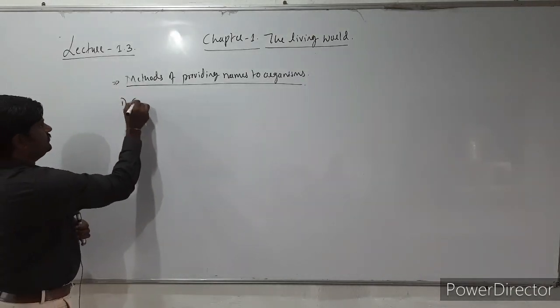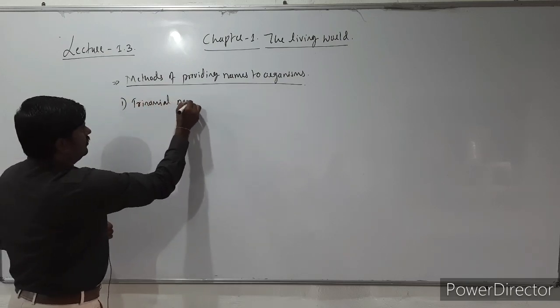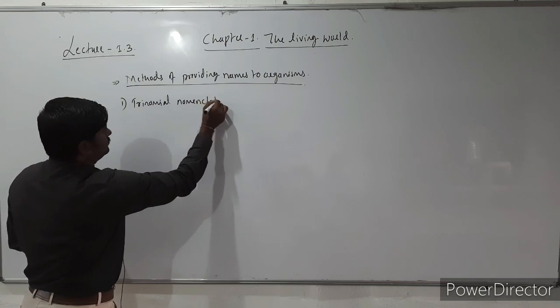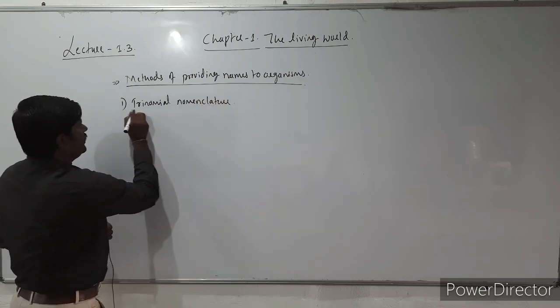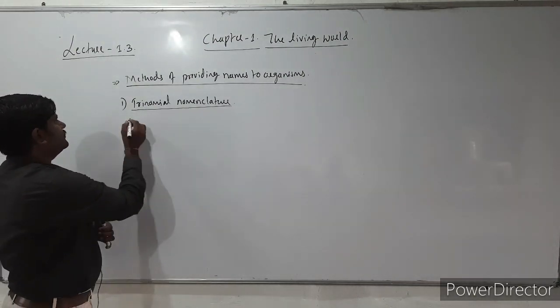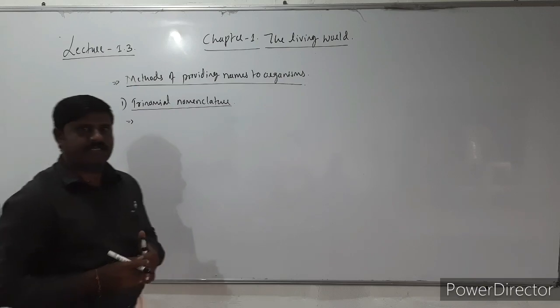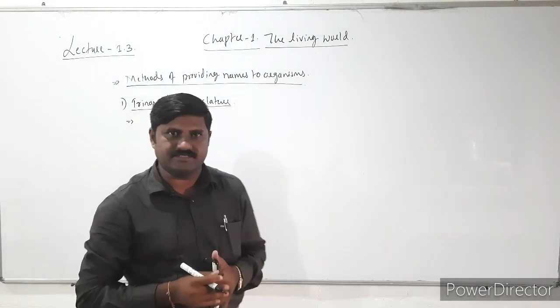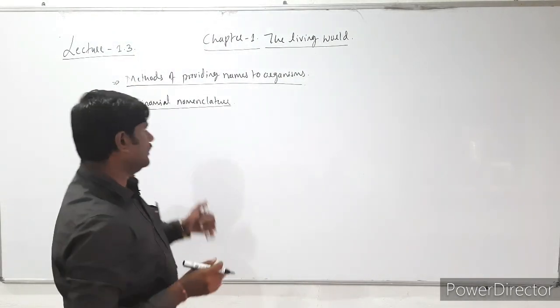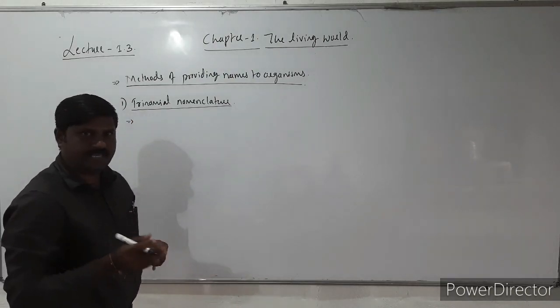So the first one is trinomial nomenclature. What is this trinomial nomenclature? It is occasionally used for naming organisms. Trinomial, tri means three, nominal means names.